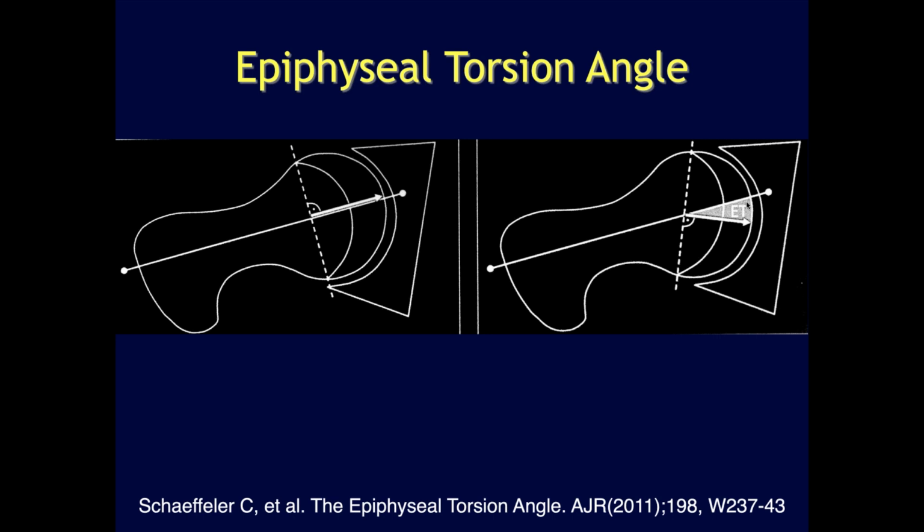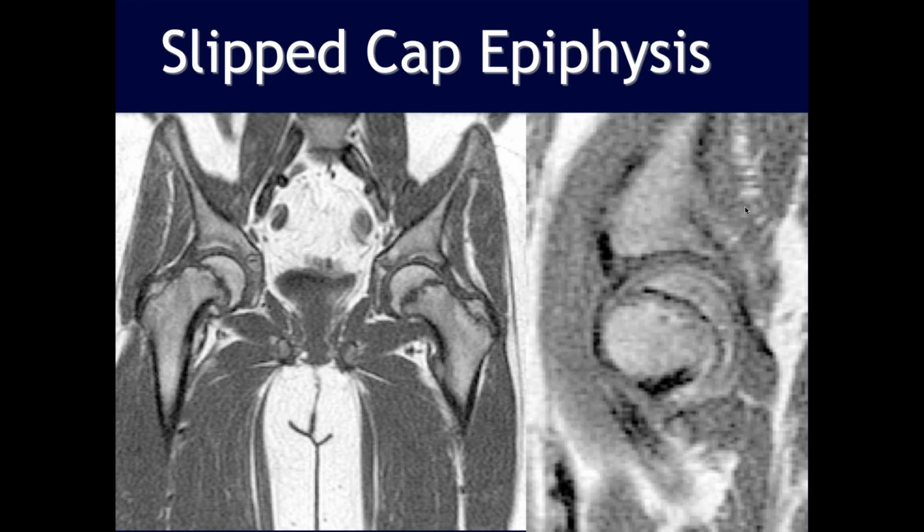And if you have the epiphysis rotating with respect to the long axis of the neck, this is called the torsion angle. And anything over 20 degrees is considered abnormal. What I do is look at the neck and attaching to the head. When it's above the head, that to me is a slip.